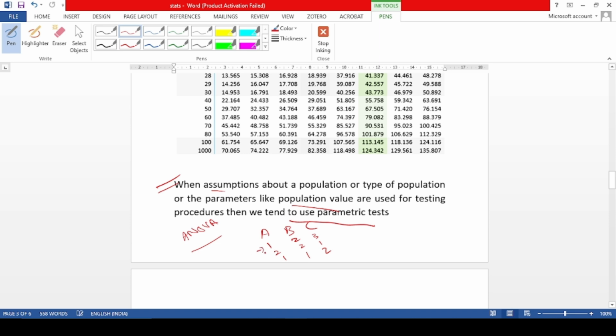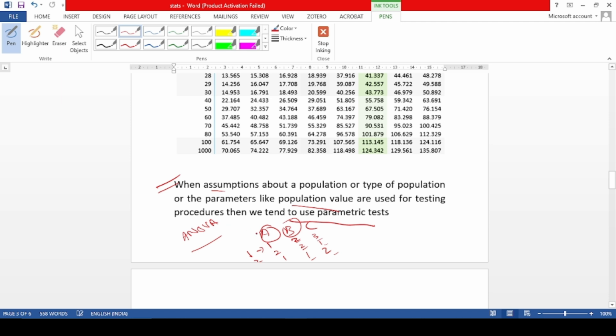Say these are marks out of 5. The first person got 1 mark, the second got 2 marks, and the third got 1 mark in test A. In test B, we have 2 marks and 1 mark, and in test C, we get 3 marks, 1 mark, and 2 marks.